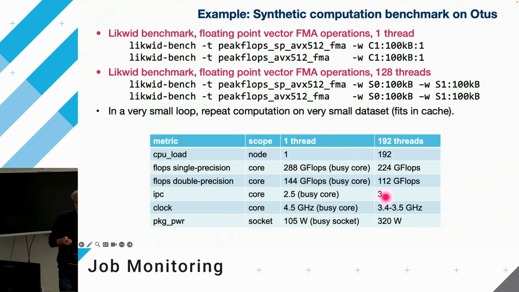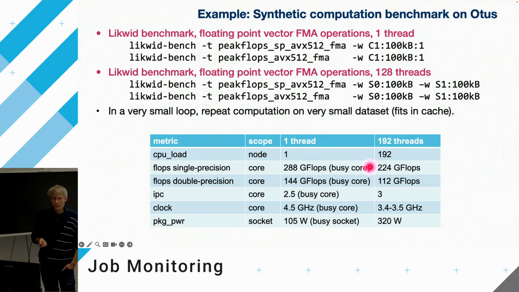Now, these numbers are basically what the CPU is capable of in a synthetic benchmark if the application is not doing much memory access. So basically, it's just a measure of how large the numbers can get if we run floating point instructions on the CPU.